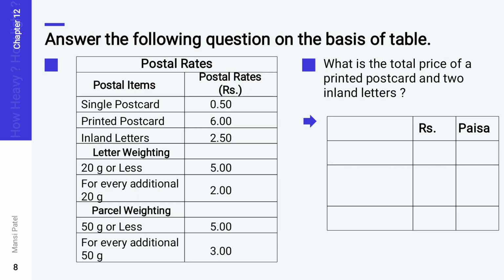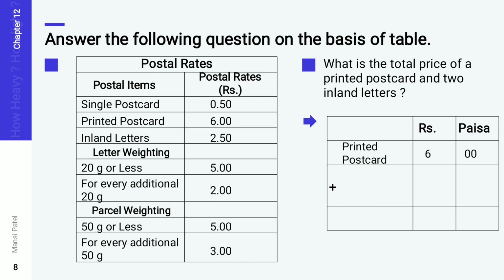Now first you have to write down the cost for the printed postcard. The cost for the printed postcard is rupees 6. So in the column of rupees we write 6, and in the paisa column we write 00. Now you have to add the price of two inland letters.